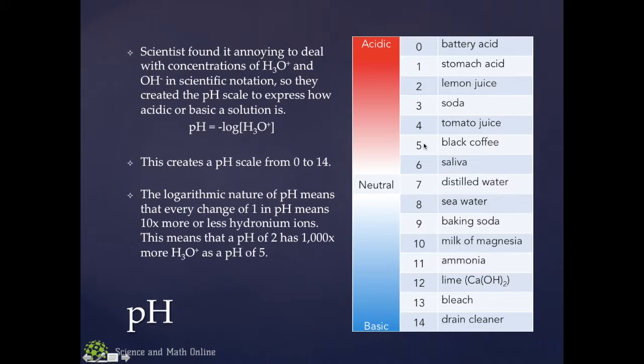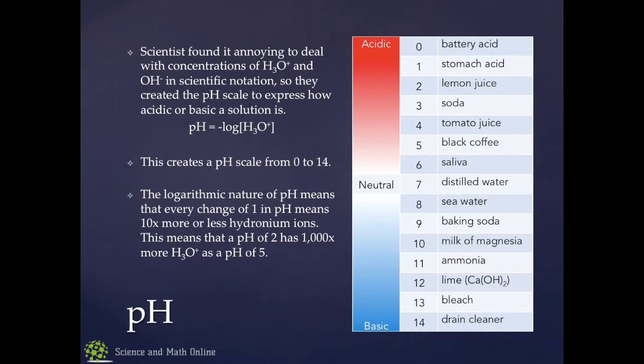So for example, going from black coffee to lemon juice, it's not 3 times stronger. It's 10 times, 100 times, 1,000 times stronger, because every time you go, you're multiplying by 10. So this has 1,000 times more hydronium ions than coffee does. Stronger may not be quite the right term there, but you get the idea.